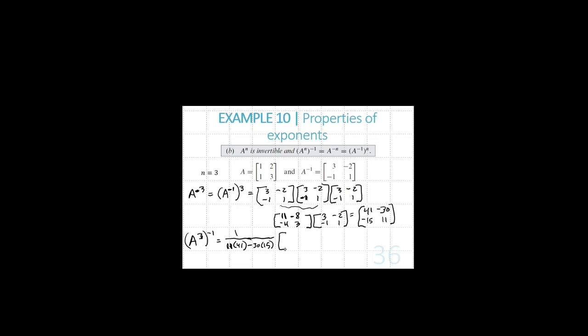Yep, negative 30. Or wait, would it be 30? Negative. Got negative 30? Okay. Then what? Negative 15. Okay. 11. And 11. And that should get you what? What does this quantity equal?